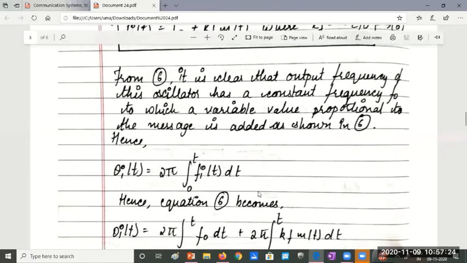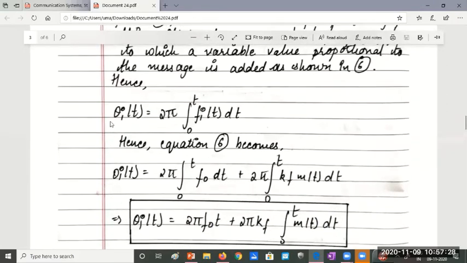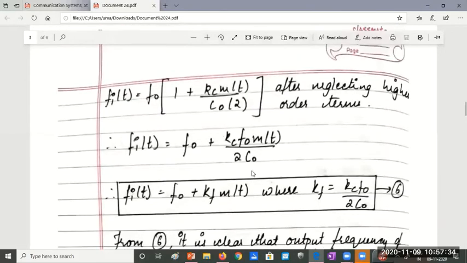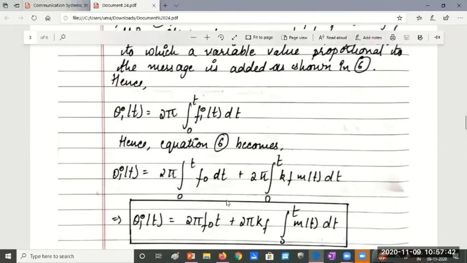Okay. So I have substituted in that equation theta I is 2 pi, we had the first term as you see here. What fi I had it as f naught plus kf m of t. So when I integrate, I'm going to get 2 pi integral f naught dt plus 2 pi integral kf m of t dt.